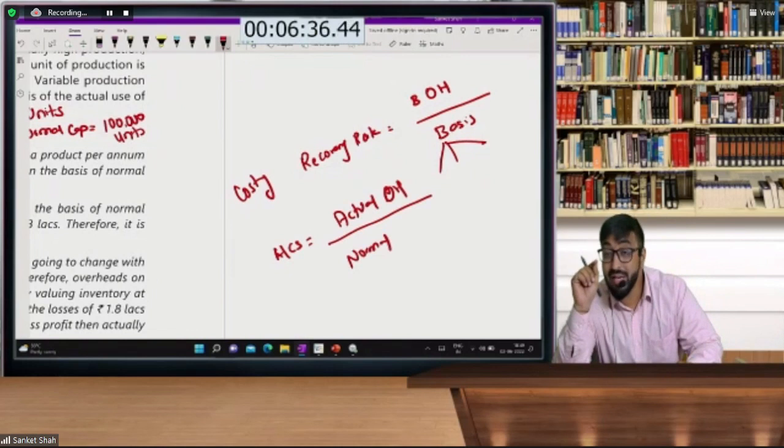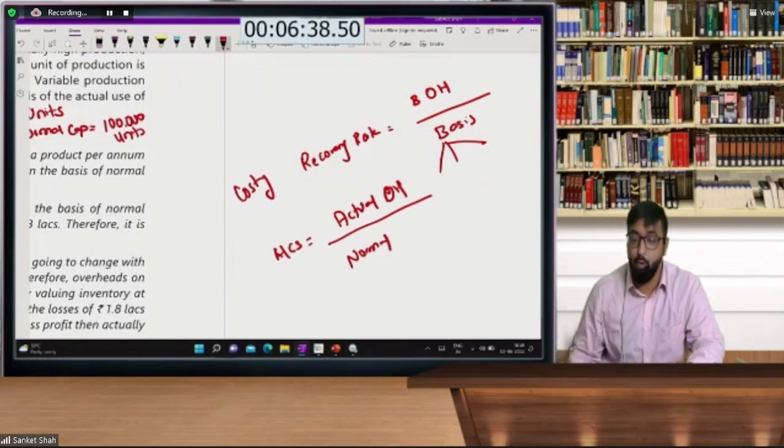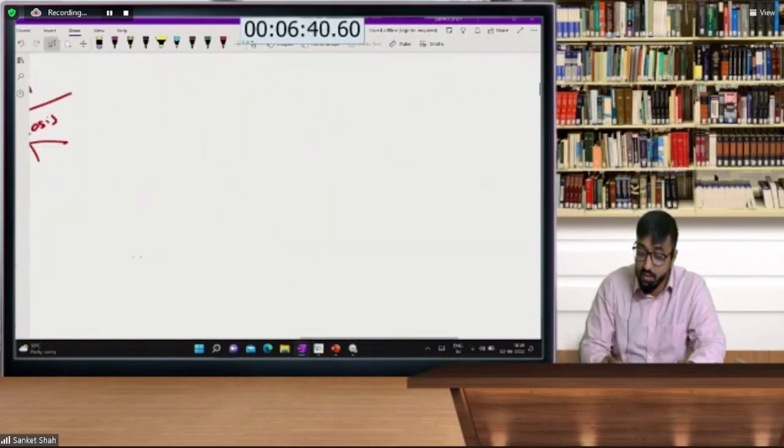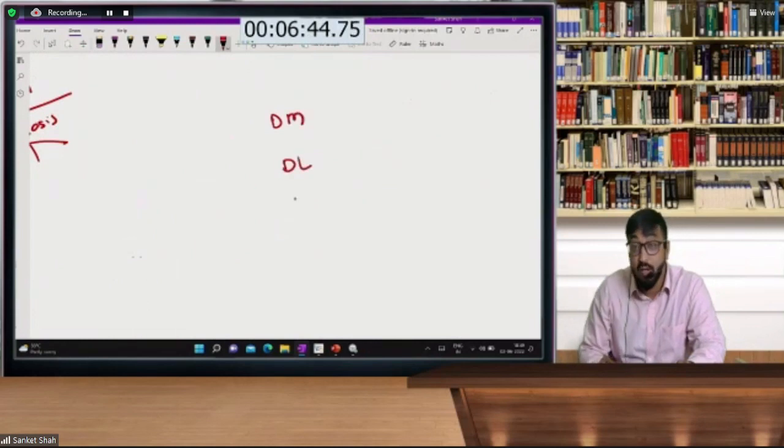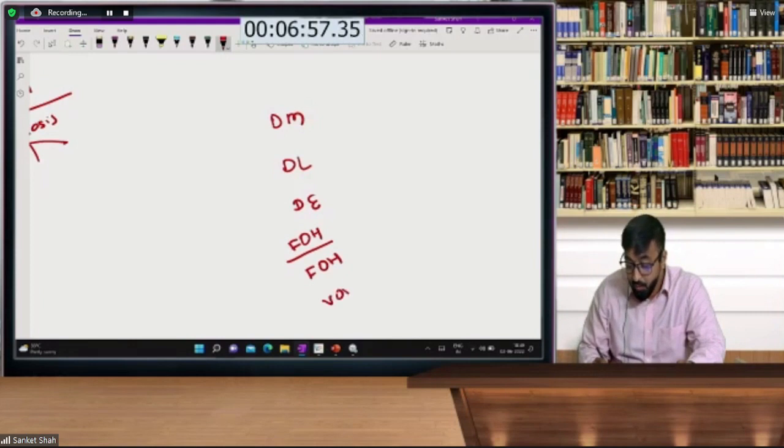Whenever you are calculating closing stock valuation, direct material you will consider, direct labor you will consider, direct expenses you will consider, and factory overhead you will consider. In factory overhead, you have 2 types of expenses: fixed overhead and variable overhead.